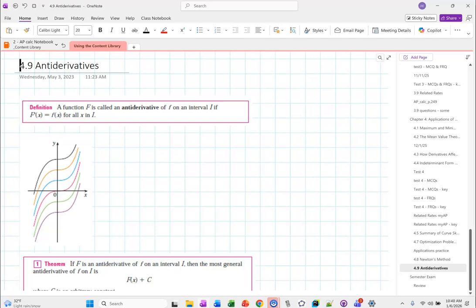And again, I think the AP has changed their format so that the multiple choice portion of the AP exam is done on the computer now. I'm not positive about the free response.